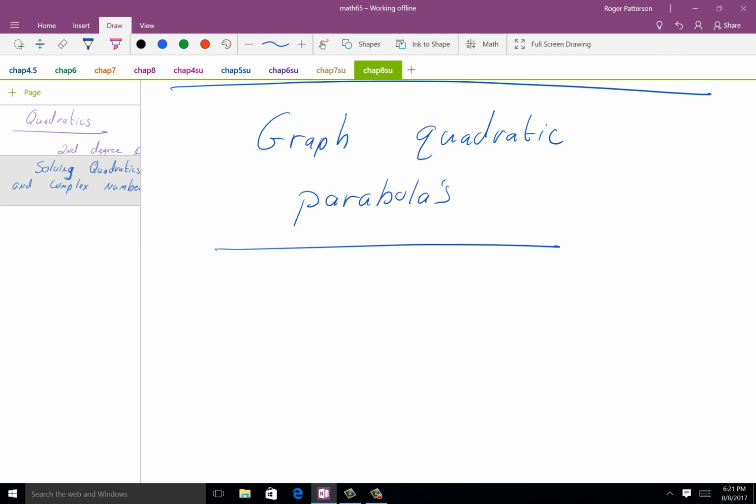Now, this point that we're looking at here has a special name. Let me get into a good spot. Oops, one of these I want to pause. There we go. This point right here is called the vertex. So if this parabola was upside down, let me see if I can change A so it's negative.